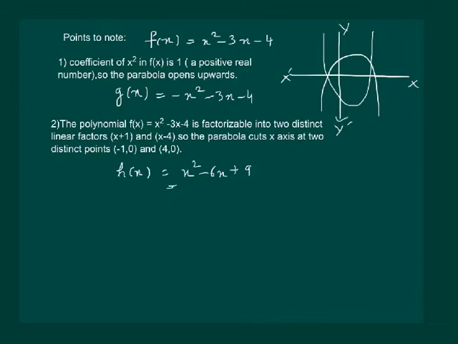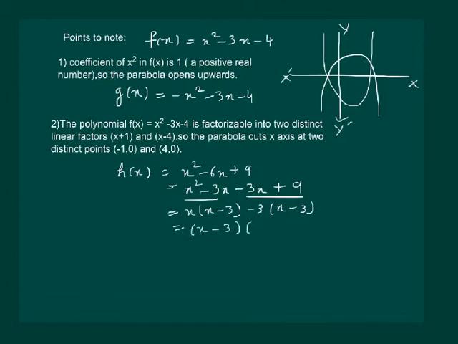It comes out to be x square minus 3x minus 3x plus 9, x common, x minus 3, minus 3 common, x minus 3, and the roots or the factors of this quadratic polynomial are the same.